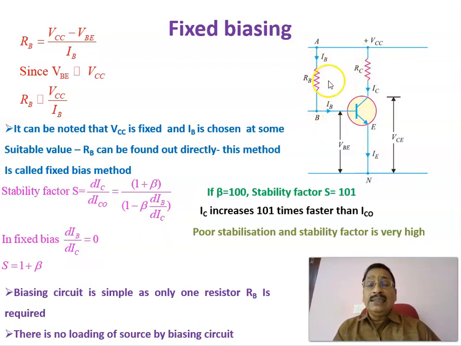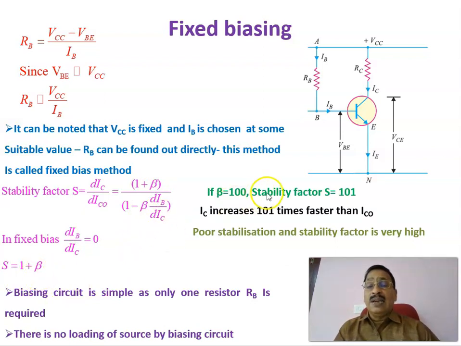There is no interconnection between them. Substituting dIB by dIC equal to 0, you get the stability factor equal to 1 plus beta.